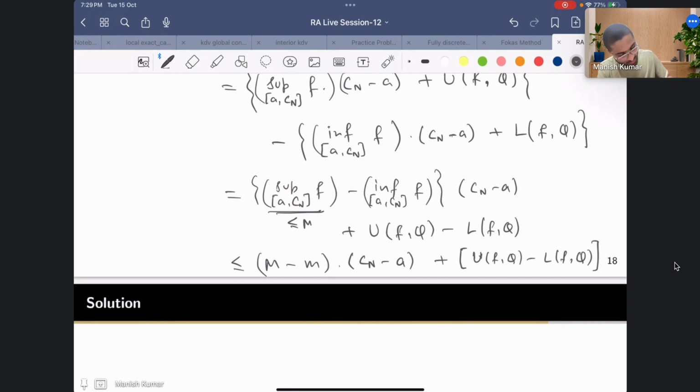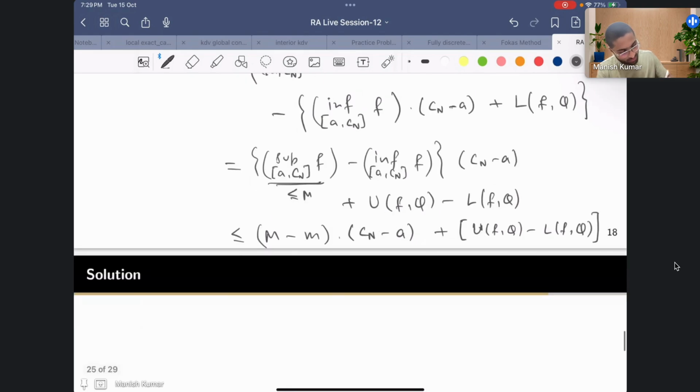Okay, so you see, if I make this less than epsilon by 2, and this one, so let me write, this I'll try to make less than epsilon by 2, this I'll try to make less than epsilon by 2, and times this thing what I have here, right?